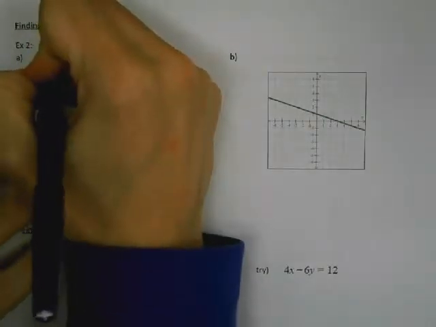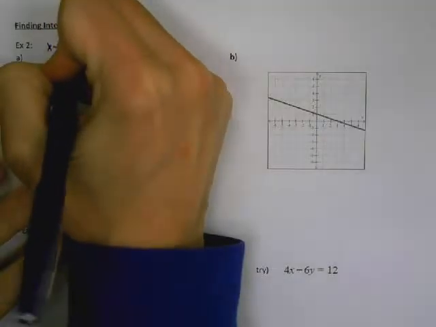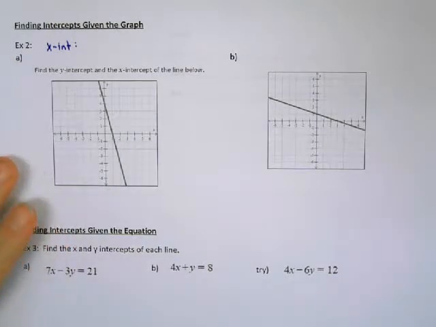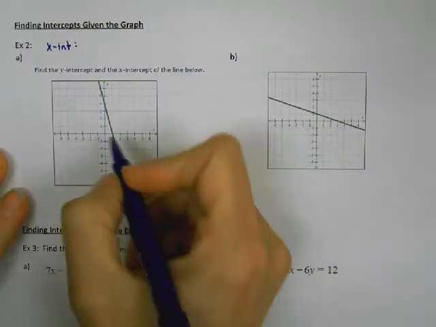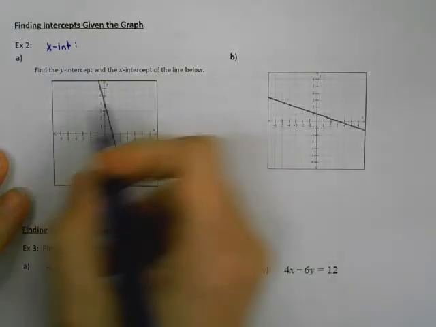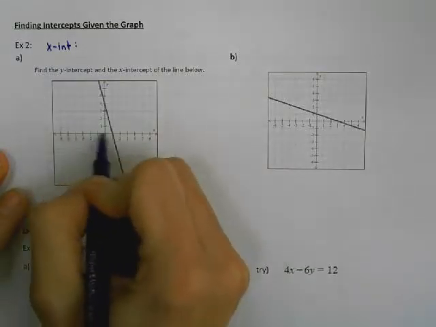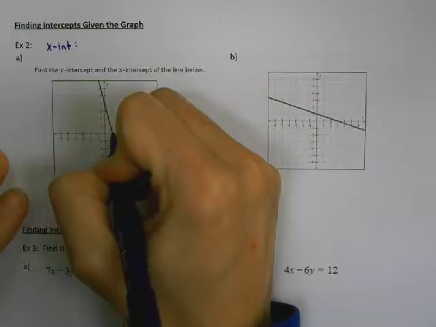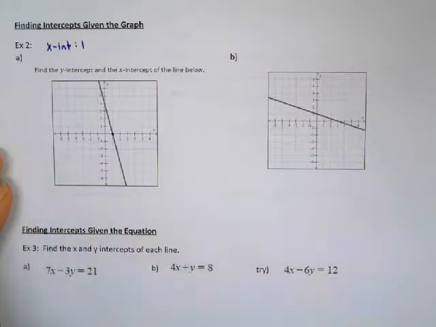Let's take a look at our x-intercept, and I'm going to use INT for short. For my x-intercept, I know I'm looking along my x-axis, and I'm looking to see where my line crosses the x-axis. If my x-axis is here, my line crosses it at this point, and that x-coordinate is just 1.